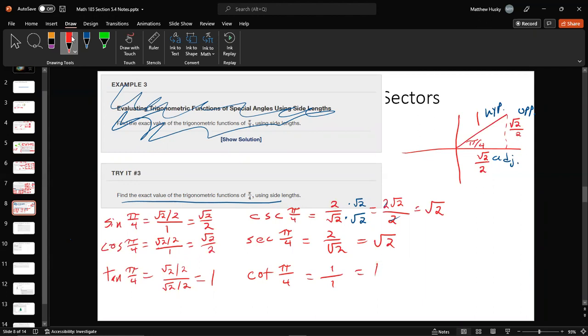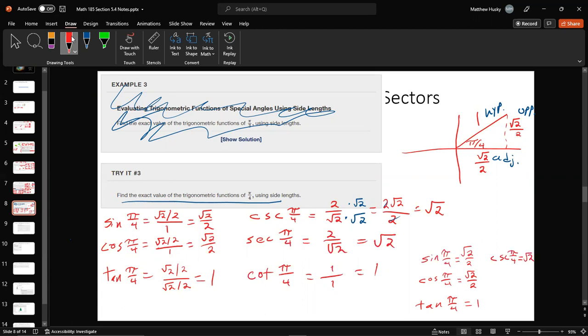So if we were to summarize all this, sine of pi over 4 is root 2 over 2. Cosine of pi over 4 is root 2 over 2. The tangent of pi over 4 is equal to 1. The cosecant of pi over 4 is the square root of 2.